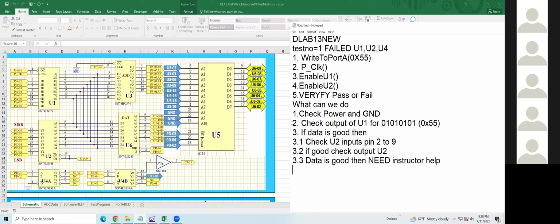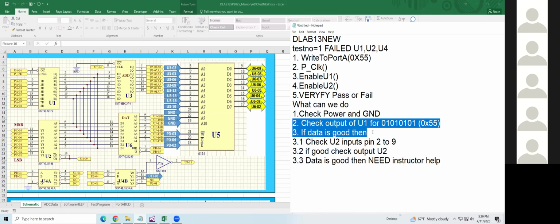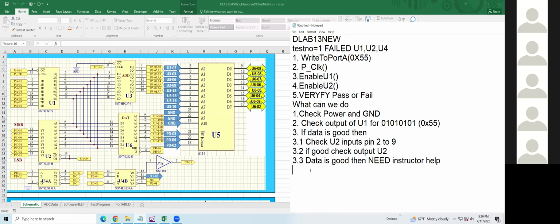So now in here, now take off U1. Data is not good. Okay. If it's good, you're already done. Okay.